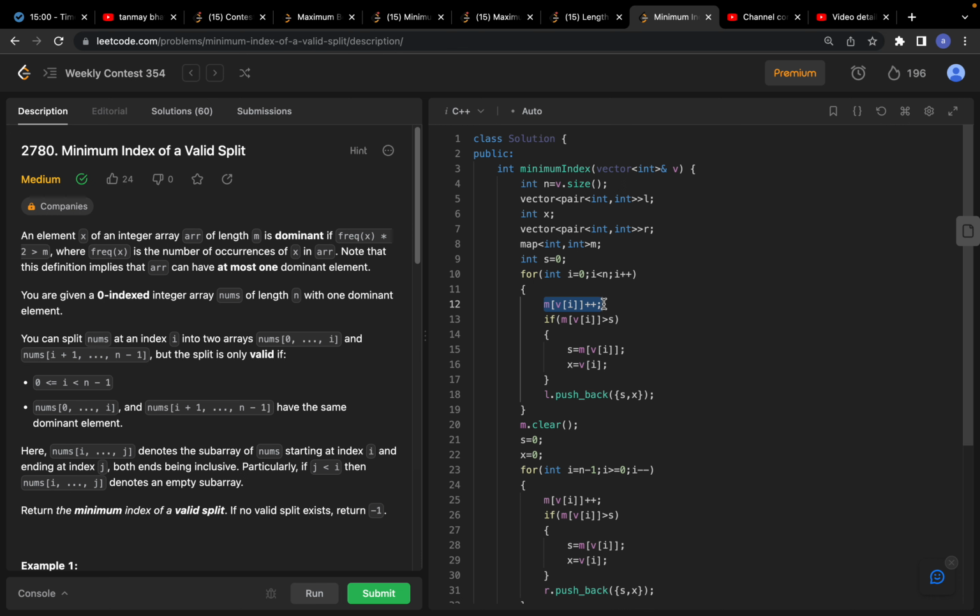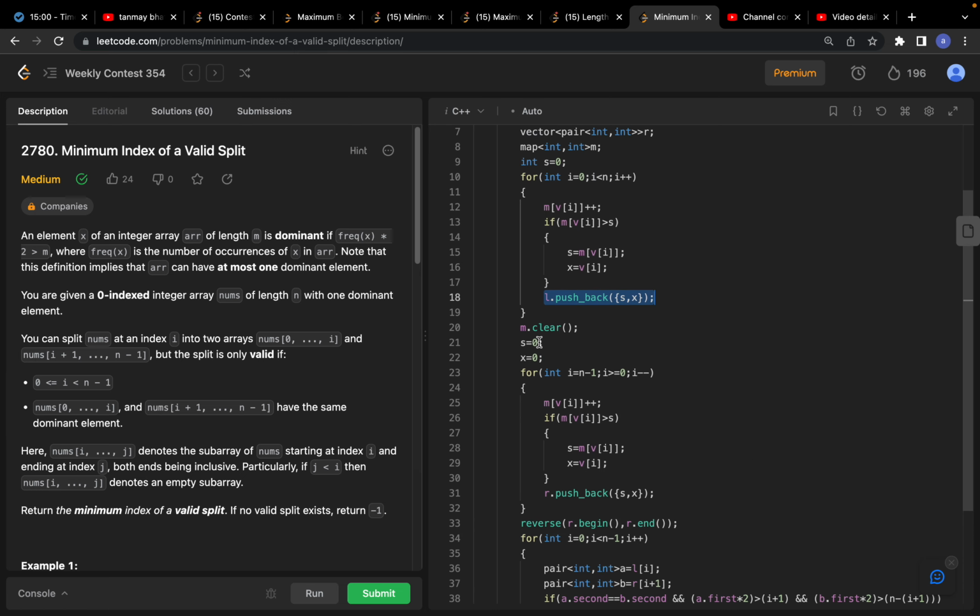From the left side I am incrementing, and if m of v of I is greater than the dominant s, the most occurred frequency, we are incrementing it and we are making x equal to the maximum element and we are pushing it into the left subarray and we are clearing it.